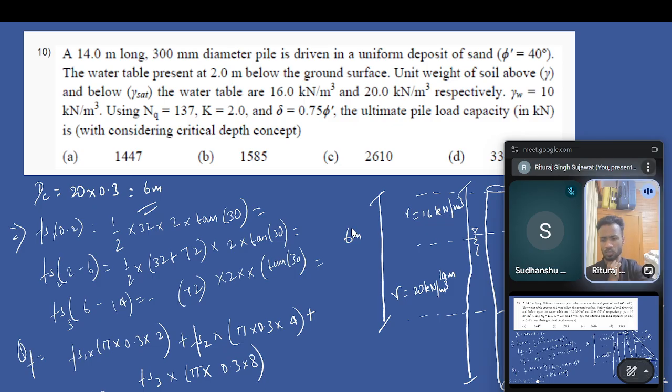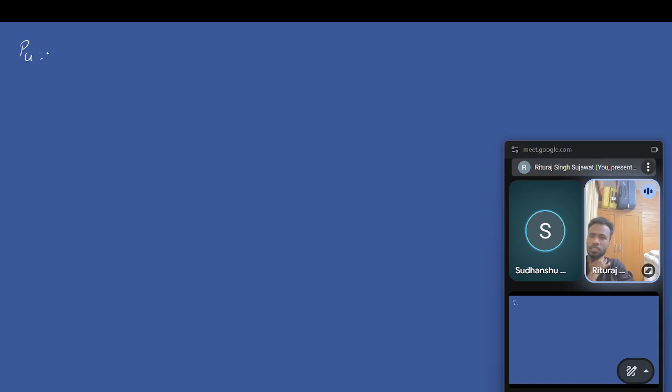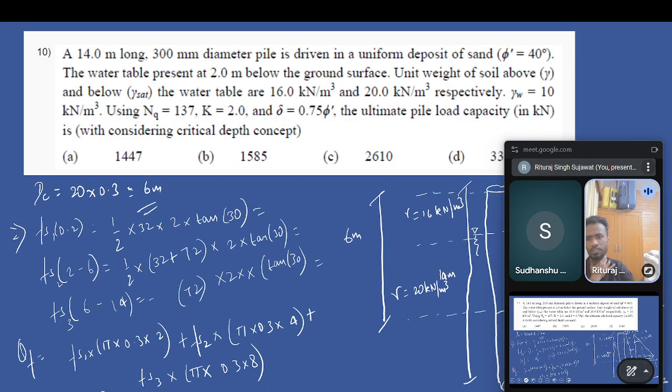So we'll calculate this. The PU is none other than pi into d into, first you need to calculate the Fs1.